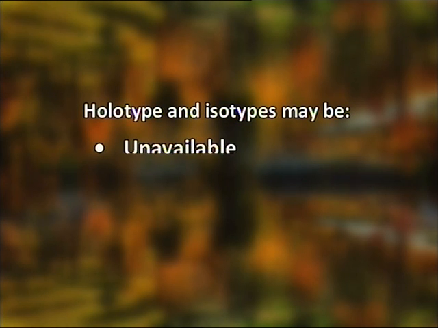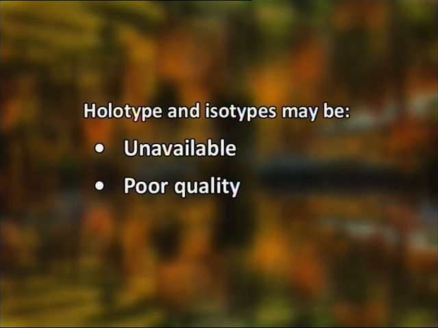Paratypes are useful in that they allow subsequent botanists to know what collections were examined by the original author and considered part of the same taxon in preparing the description of a new taxon, particularly when the holotype and isotypes may be unavailable, of poor quality or lacking in certain details.